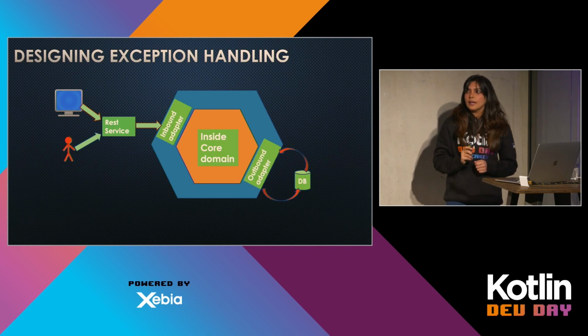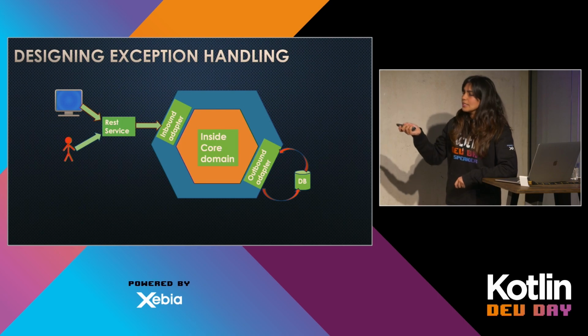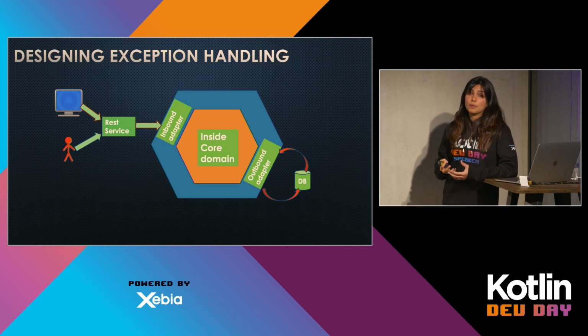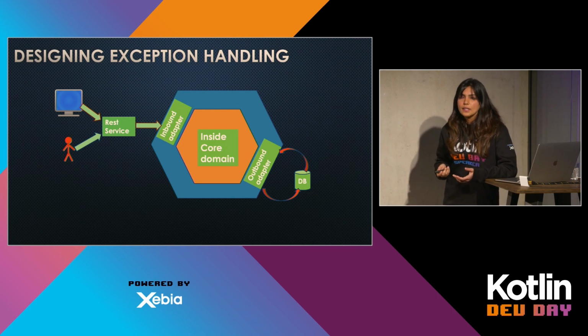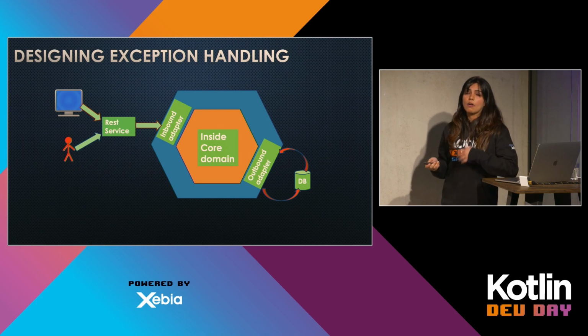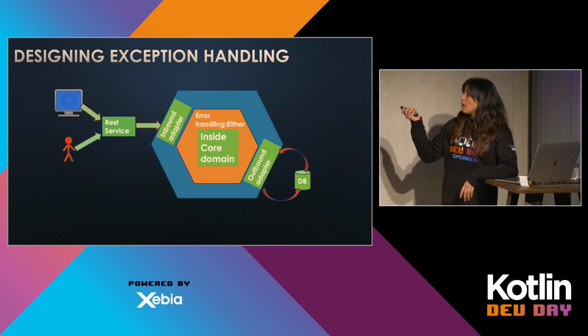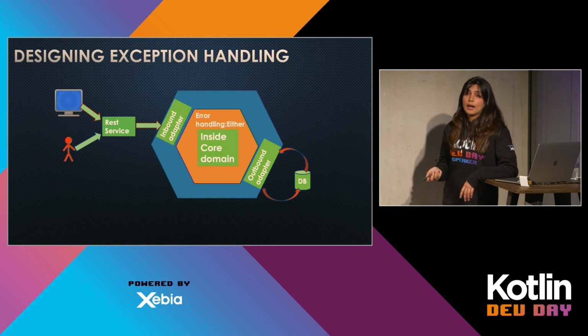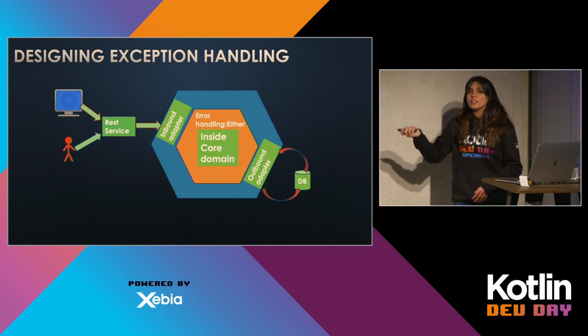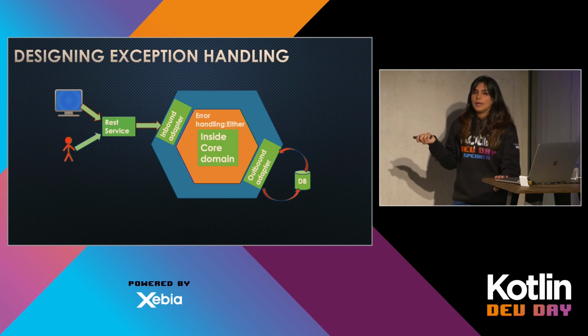So the idea here is we want to keep the inside core domain as pure as possible. So using techniques such as null safety or writing your own sealed class, or using Either from Arrow, and not catching those exceptions inside the domain.